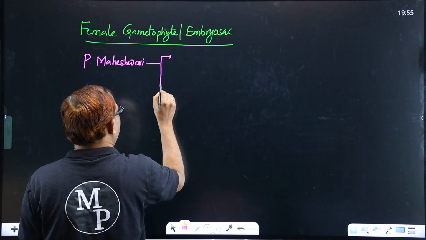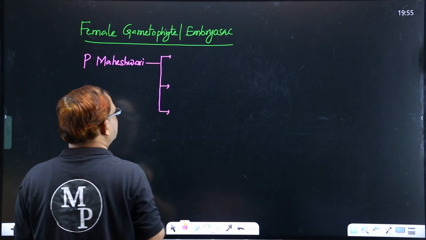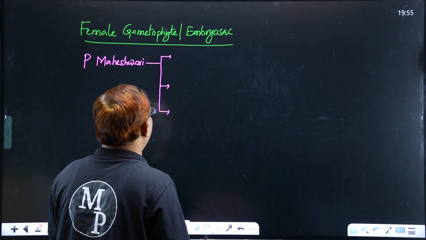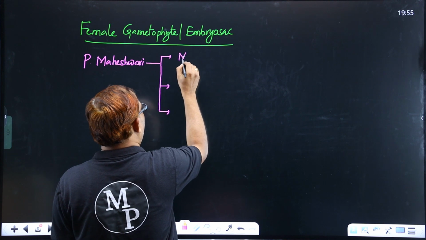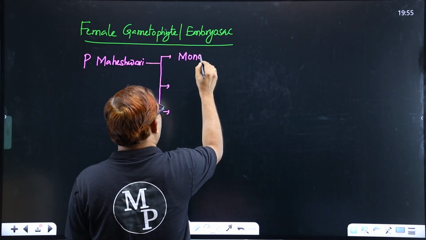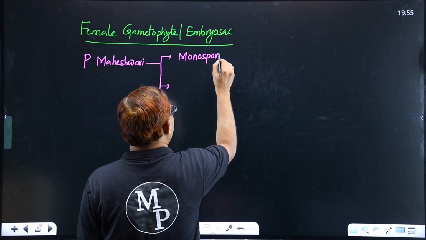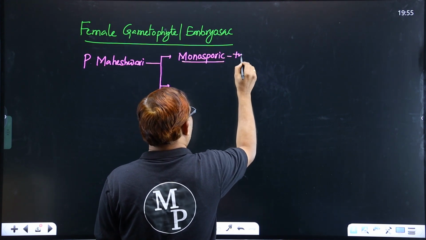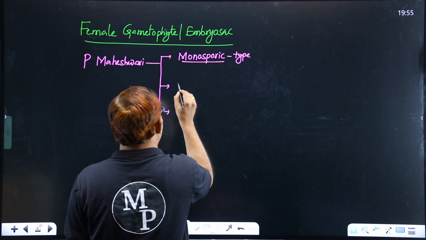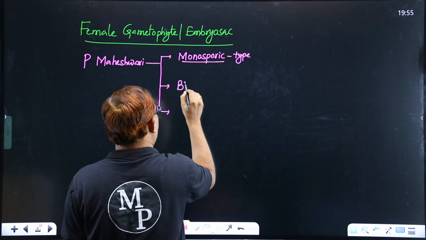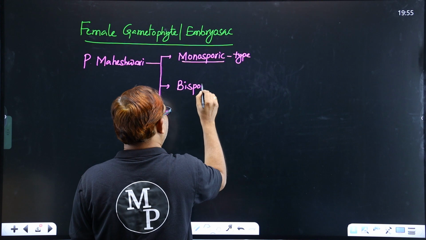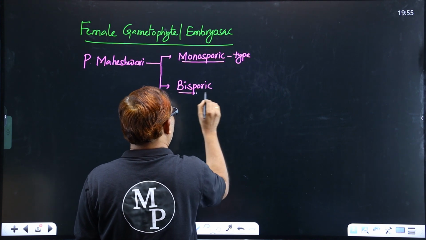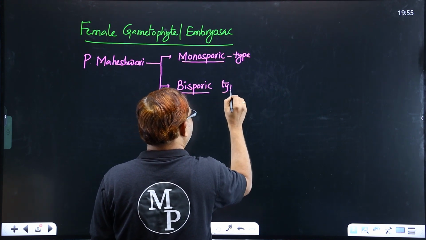There are types. One is the monosporic type of embryo sac. The second one is the bisporic type of embryo sac.